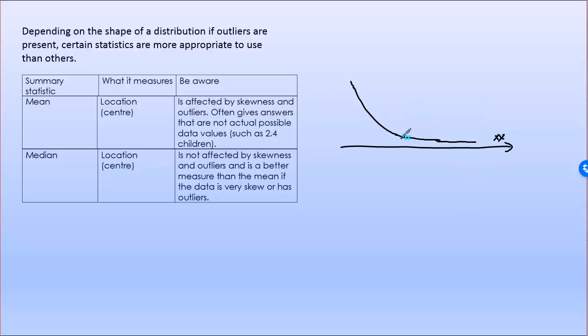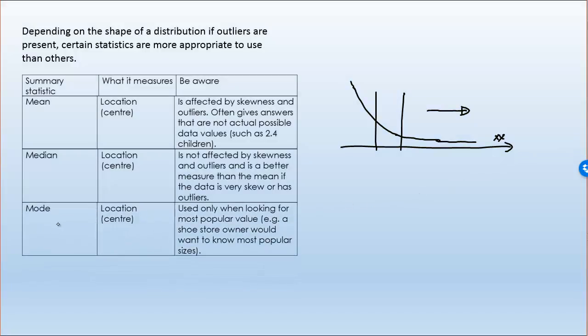This will have the effect, both the skewness and the outliers, of pulling the mean in this direction. Whereas if we look at the bulk of the data, the middle might be here, the mean might have moved across to here. So this is the situation where the median might well be a better measure. It's more representative of the middle of the bulk of the data.